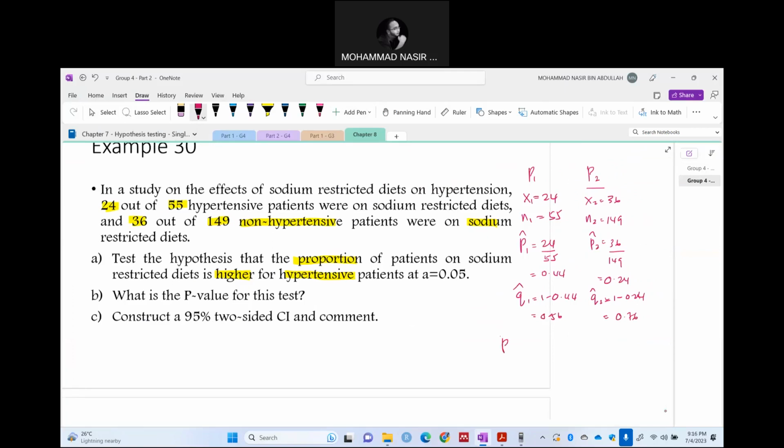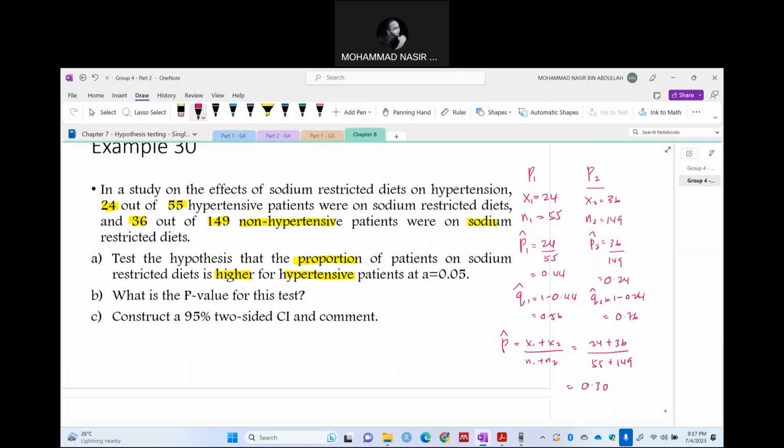The grand P hat is x1 plus x2 divided by n1 plus n2. So this is 24 plus 36 divided by 55 plus 149, which is equal to 0.30.